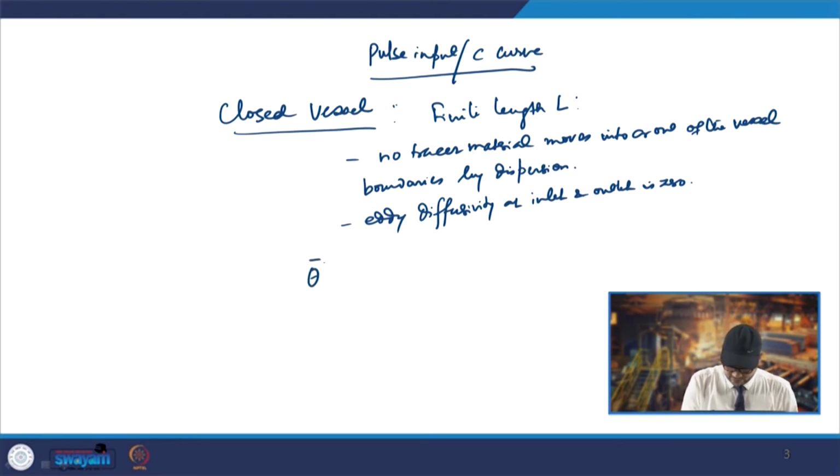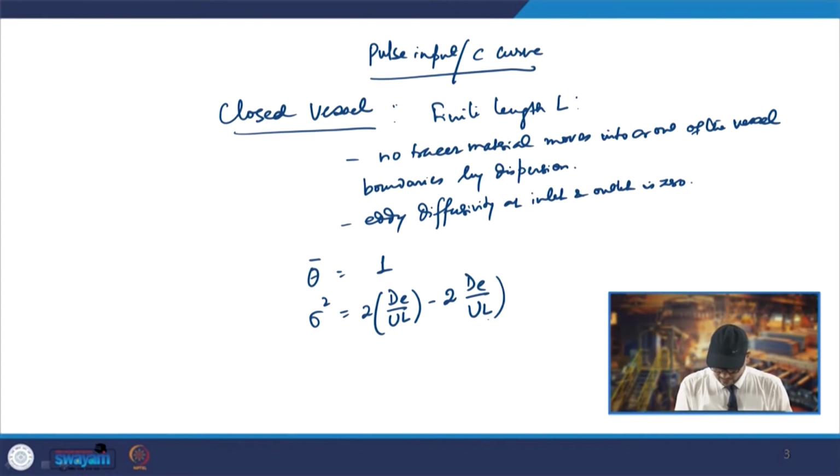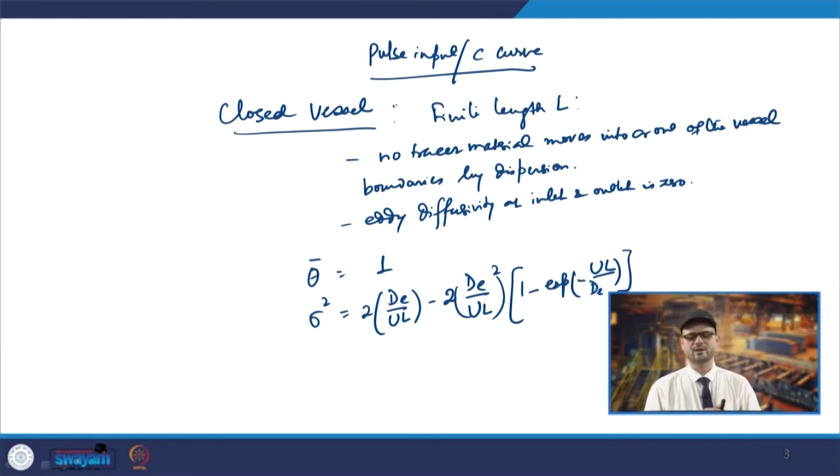You get mean theta bar as 1, and the variance sigma square of this family of curves, if you solve it numerically, is 2 into dE by UL, minus 2 into (dE by UL) square times 1 minus exponential of minus UL by dE. That is the numerical solution that has been reported for the closed vessel.